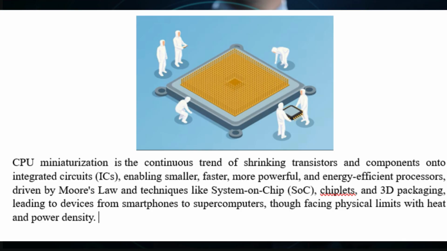Then the landmark moment came in March 1971 with the Intel 4004, the first commercial central processing unit, or the CPU. Originally built for a Japanese calculator, this tiny chip contained 2,300 transistors and could execute up to 92,500 instructions per second. So that was fast.